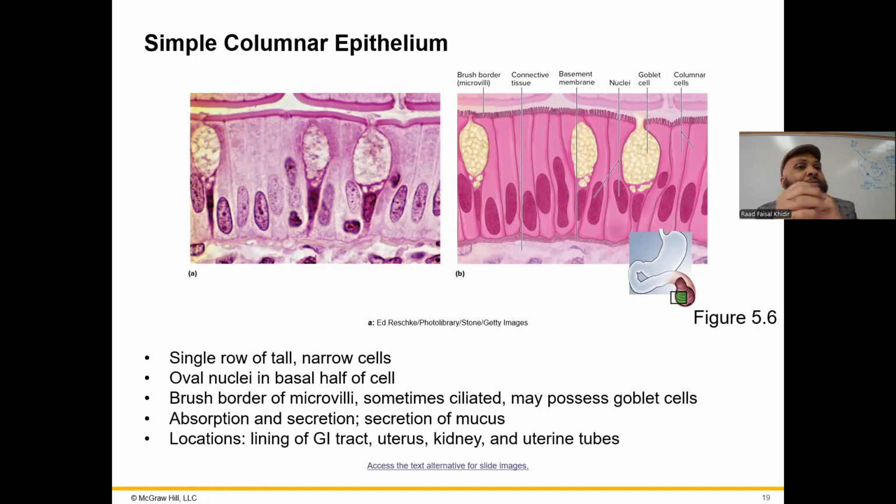Same thing with cigarette smoke. In your respiratory tract, the cells are simple columnar, but when you smoke cigarettes, this smoke is going to start touching these layers, causing the layers to undergo metaplasia.